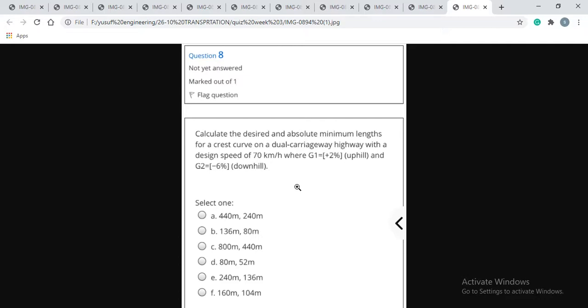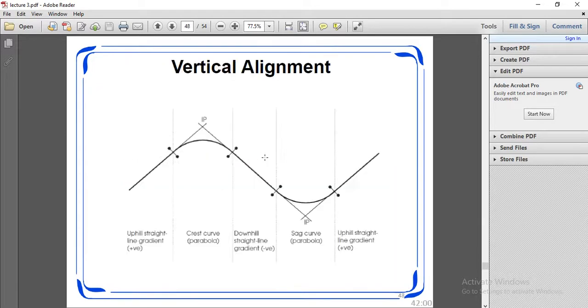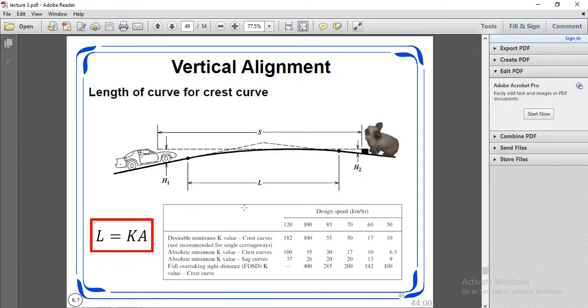With the design speed of 70 km per hour, the desired and absolute minimum length.